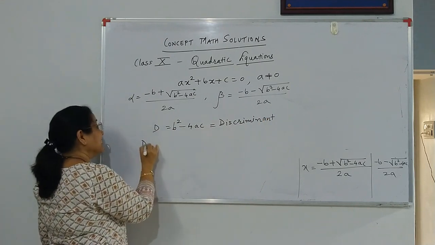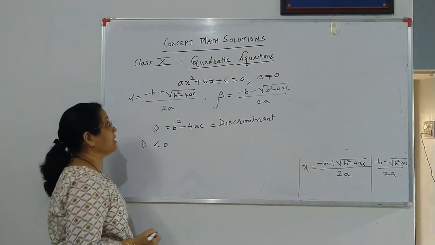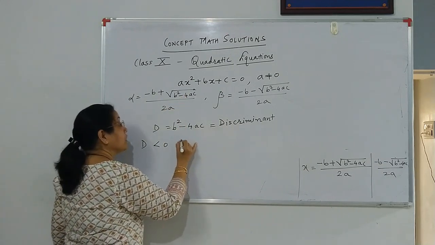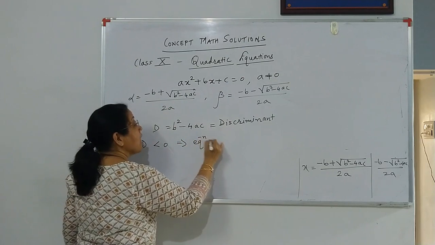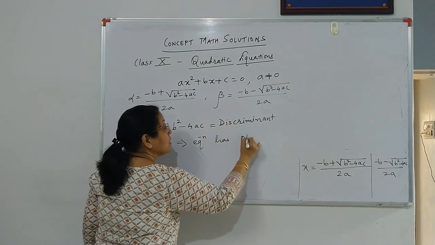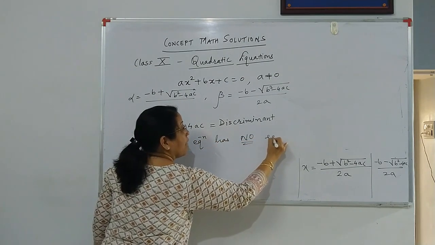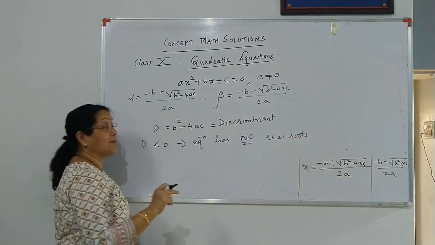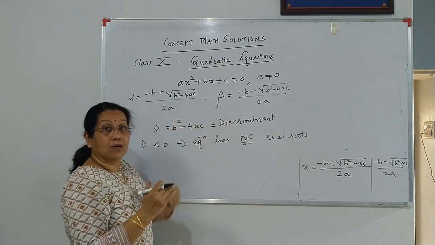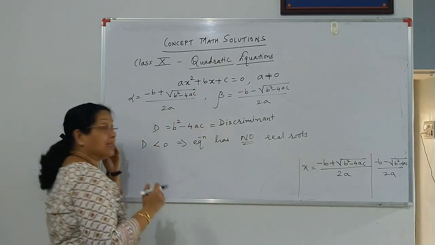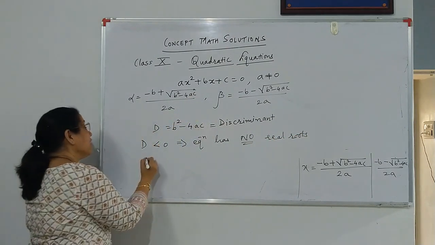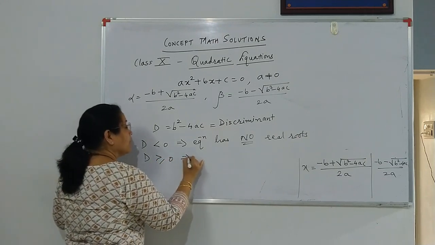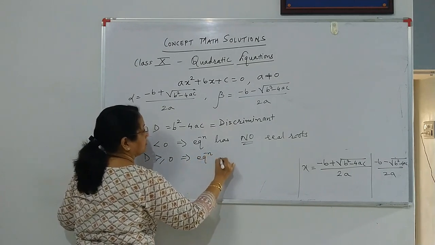If this D is less than 0, that means b square minus 4ac is less than 0, that shows the equation has no real roots. Why no real roots? Because the discriminant is under the root, and negative numbers under the root mean no real roots. And if D is greater than or equal to 0, the equation will have roots.